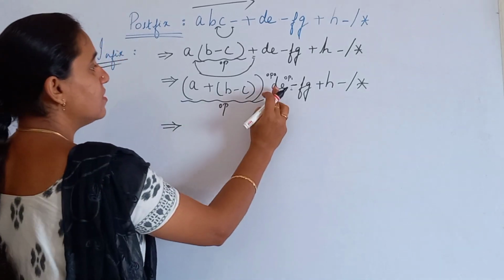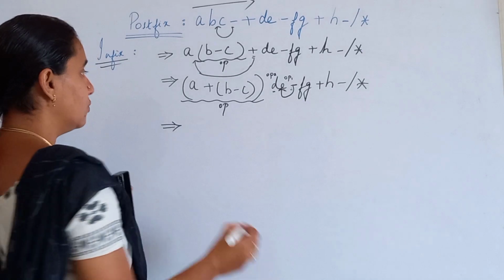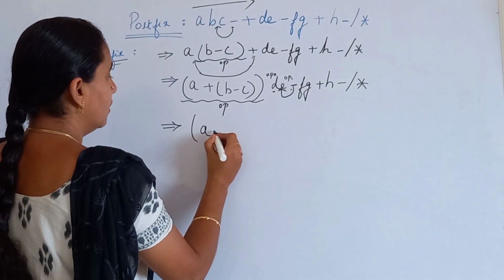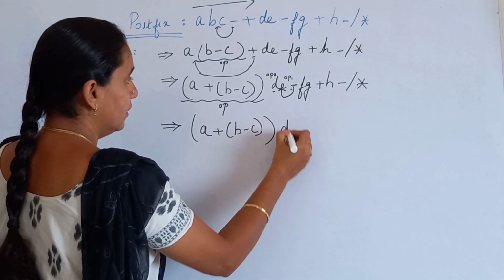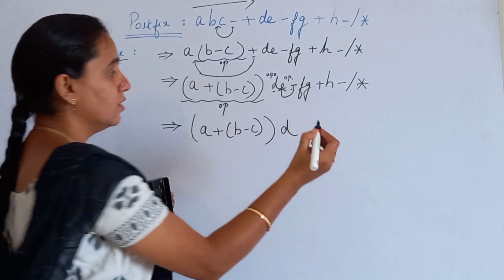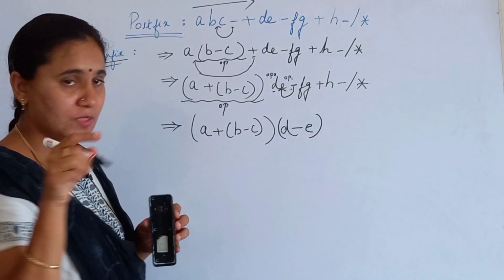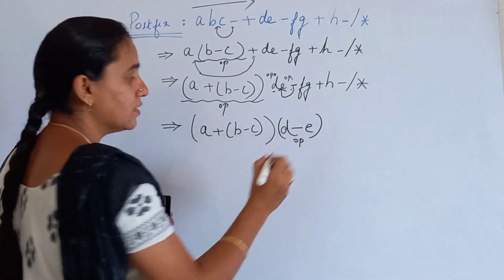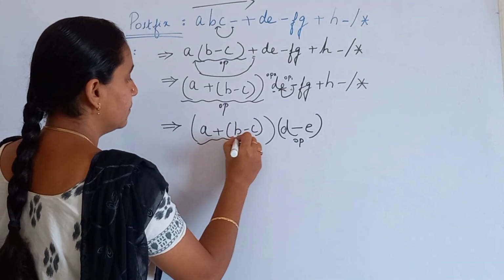So you will get A plus B minus C, then D minus E. Now D minus E is one expression, so this is going to be a future operand. This is another operand.